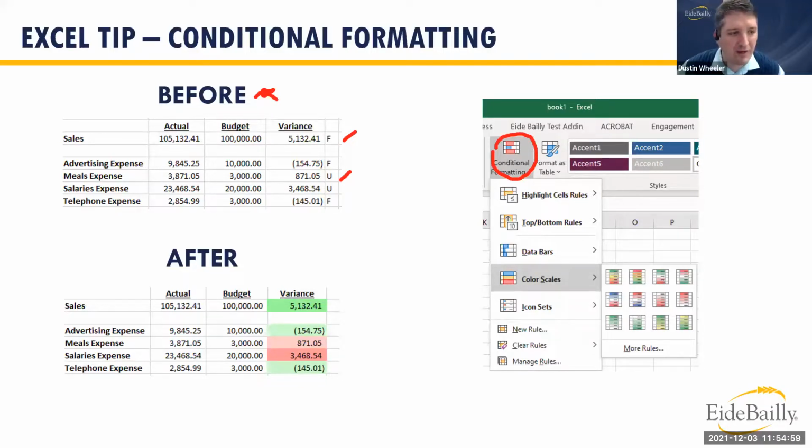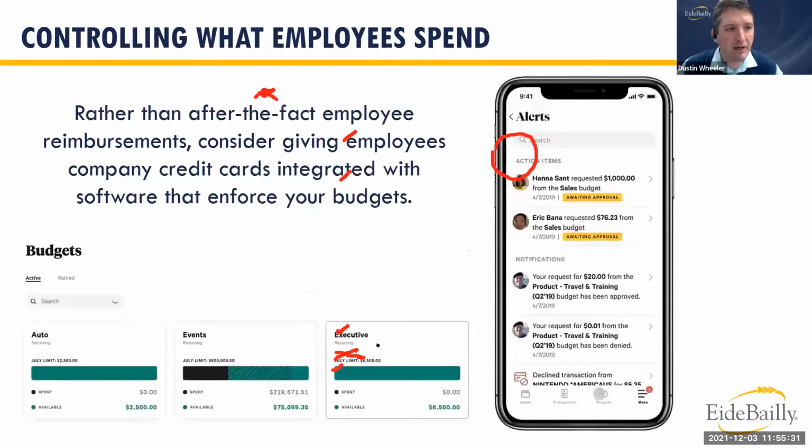So you'll see right here, now this is way over budget, and we've got kind of a dark red right here for salaries expense, and you'll see the ones that are under budget are green right there. So this conditional formatting just makes it a lot easier to look at visually where you're over budget and where you're under budget and how much, and it's easier to understand, maybe much more even for the non-accountants. So give this tip a try in Excel. We'll go on to the next slide.